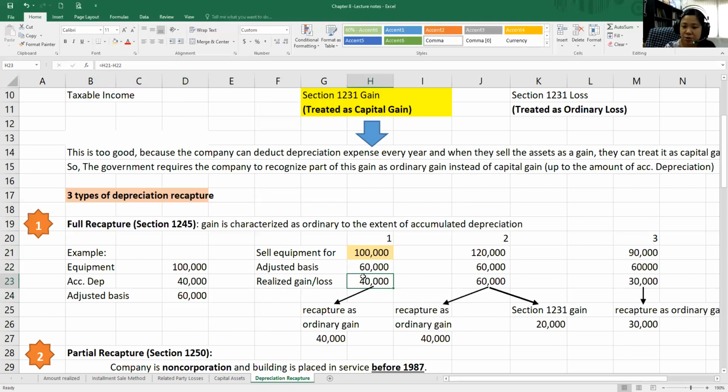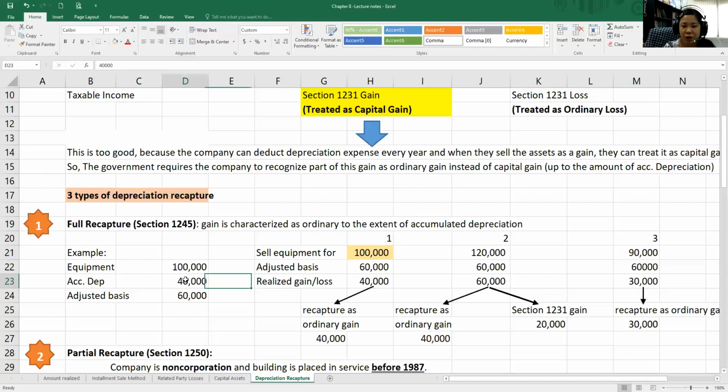Now, how do we treat this gain? This is a Section 1231 asset, right? It's supposed to be a Section 1231 gain, right? The 40,000 is supposed to be Section 1231 gain. But remember the government says this is too good and requires us to recapture back the amount of the depreciation that we deducted as ordinary gain.